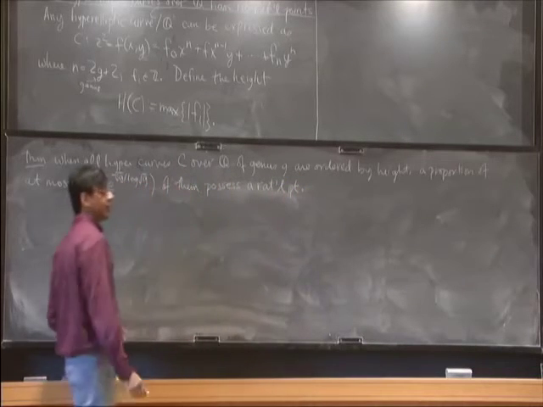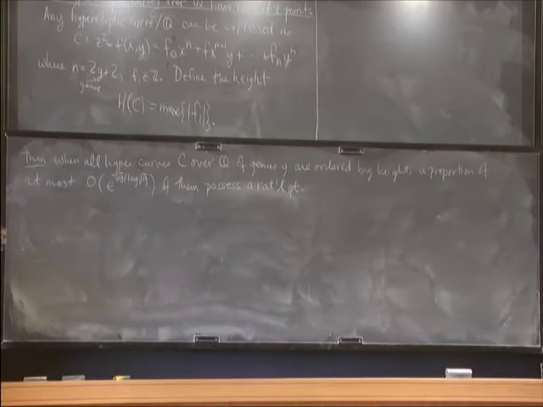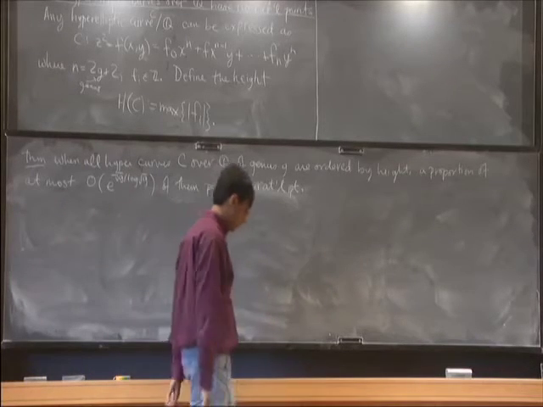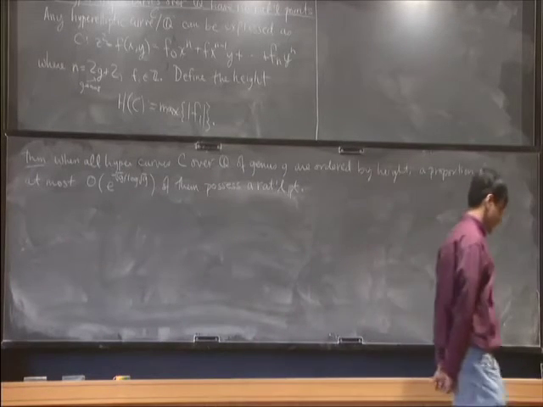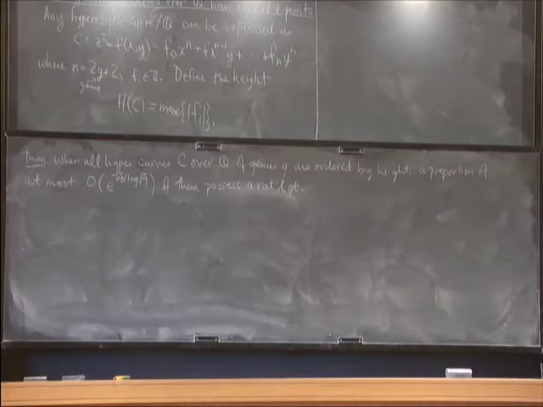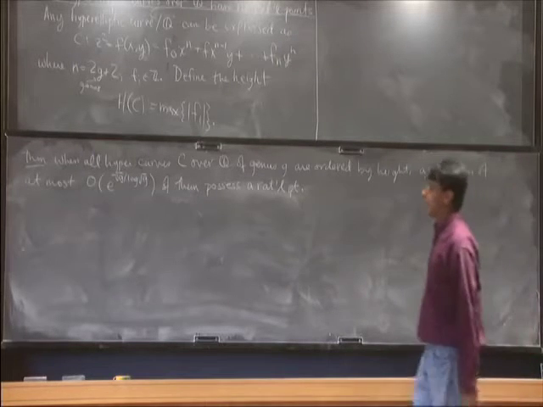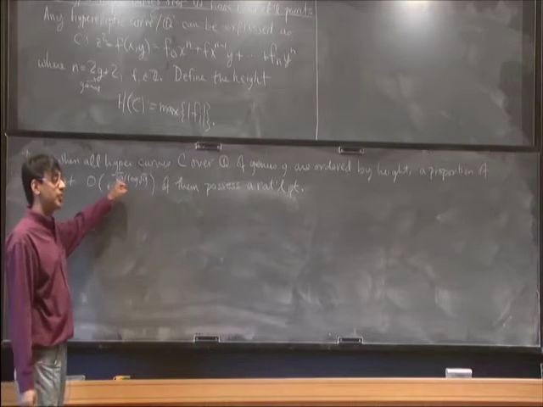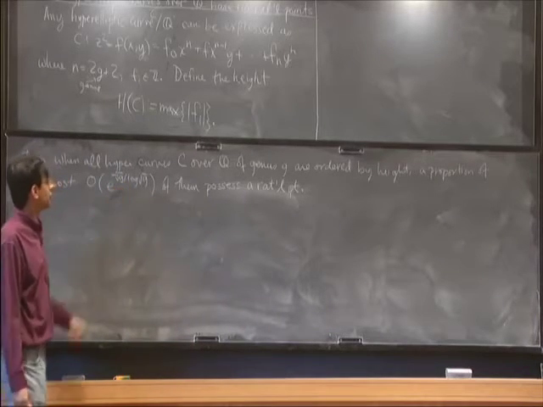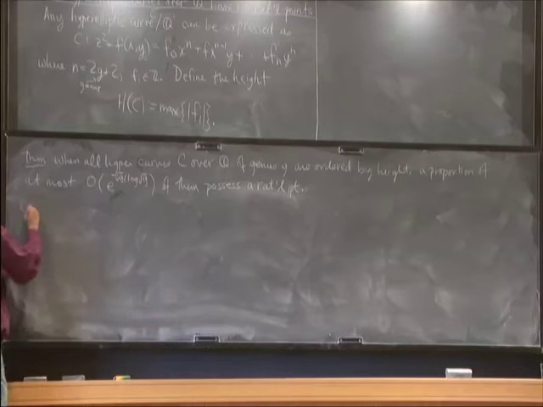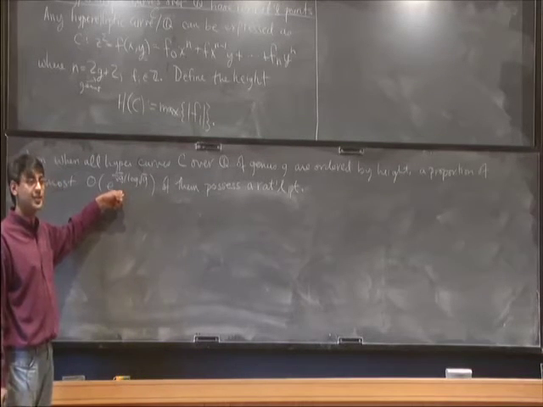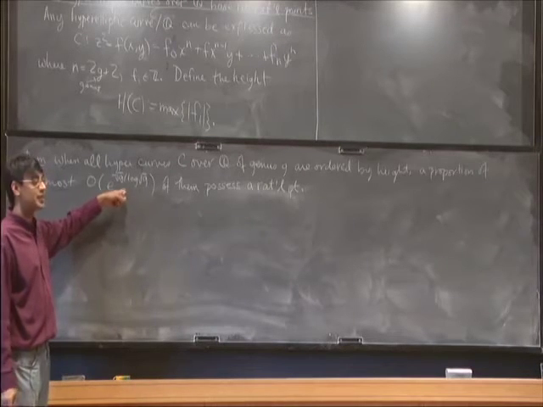In other words, if you look at curves of bigger and bigger heights, say height less than X, and as X goes to infinity you look at the upper density of the hyperelliptic curves that have a rational point, you're going to get a proportion of at most this. The bound comes from bounding certain real and p-adic integrals, and it can almost certainly be improved.